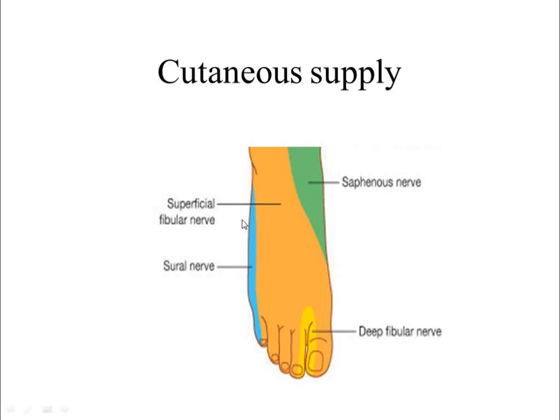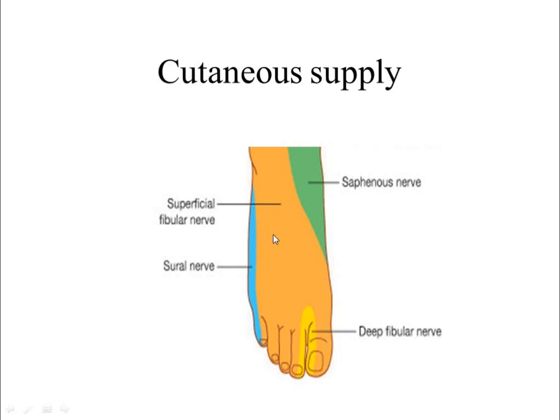Cutaneous supply of the dorsum of the foot is a continuation from the front of the leg only. More or less, the whole area of the foot dorsum is supplied by the superficial peroneal nerve, except along the lateral border up to the lateral half of the little toe, which is supplied by the sural nerve, and the interdigital cleft between the great toe and the first lateral toe, which is supplied by the deep peroneal or deep fibular nerve.